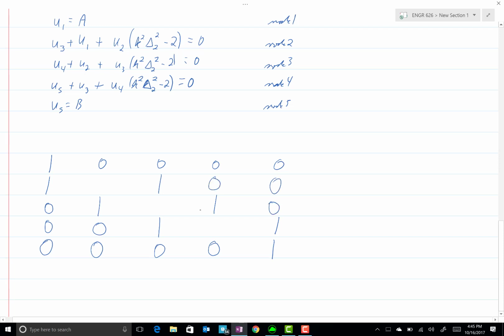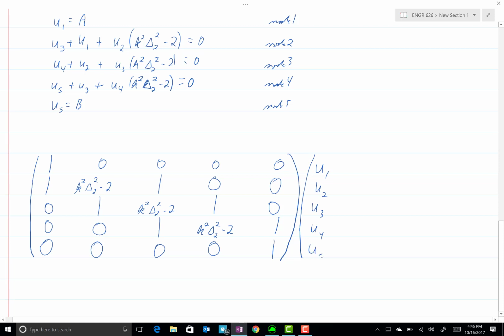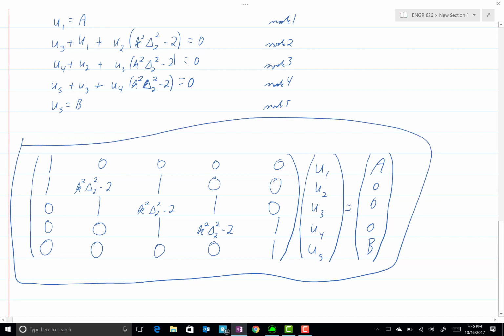And now for the other entries, we have k squared delta 2 squared minus 2, k squared delta 2 squared minus 2, k squared delta 2 squared minus 2, times u1, u2, u3, u4, u5, equals a, 0, 0, 0, b. And so this is what we would have at step 2.